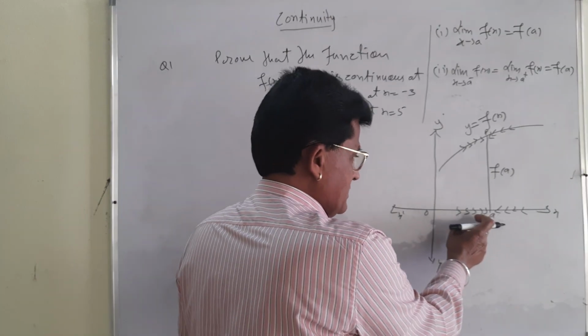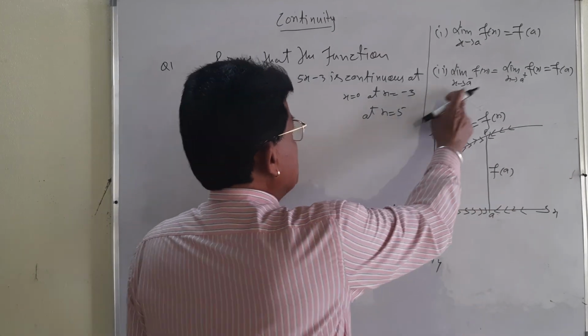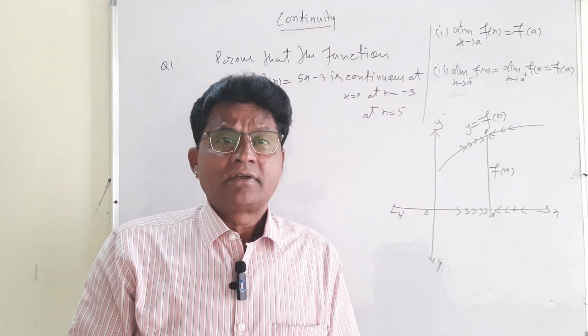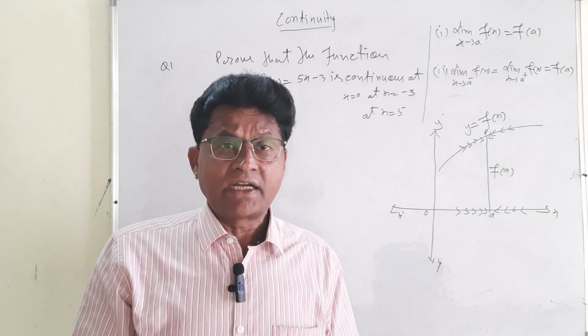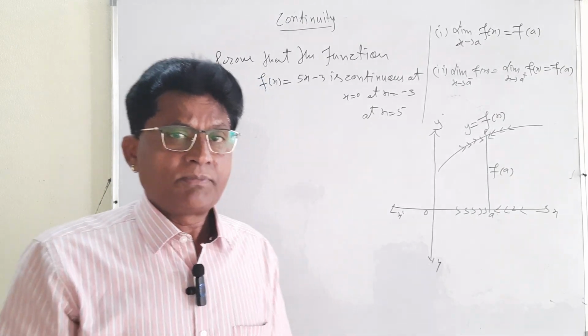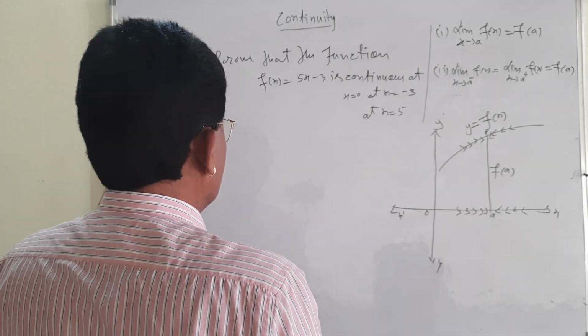Left limit is less than a, right limit is greater than a, which I have indicated here. In detail, you can see my videos. A number of times I have explained the definition of continuity and discontinuity with the help of the diagram. See my previous videos. Okay, let me take the question.